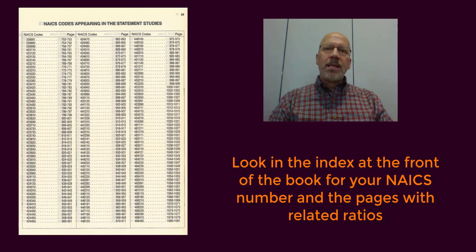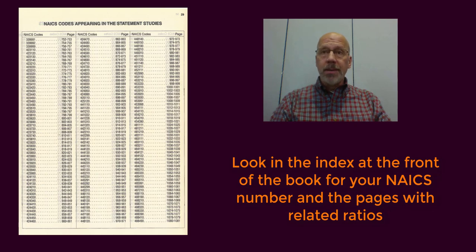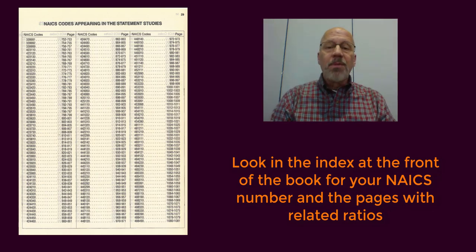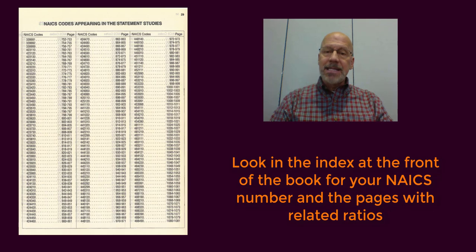Staying with the Southwest Airlines example, I'm still searching for ratios associated with airlines, and I know that the airline transportation industry NAICS number is 481111. If you have trouble finding what your NAICS number is, please find me in the library and I'll be happy to help you find it.